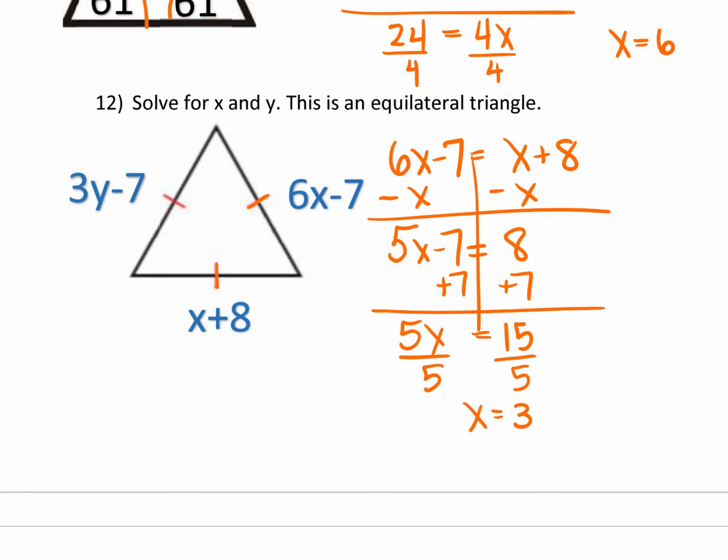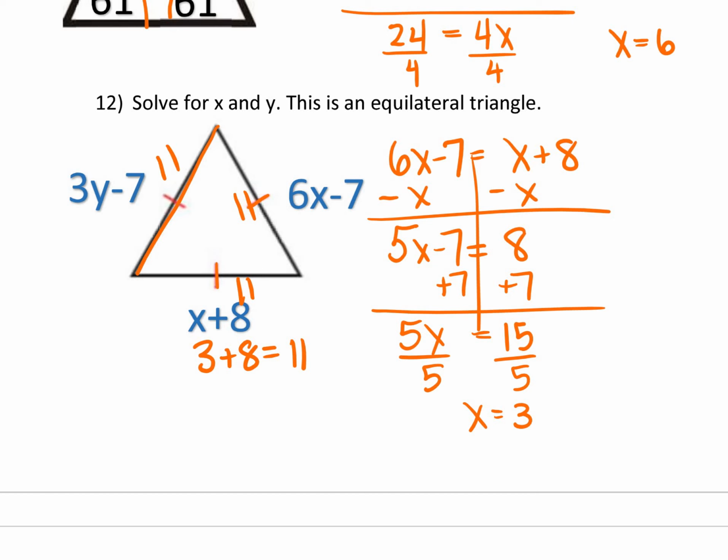All right, now we don't have any way to solve for y because we don't know anything else. But what we can do is figure out this length. Okay, so 3 plus 8 is 11. And that tells me if this side is 11, then this one's 11, and this one's 11.